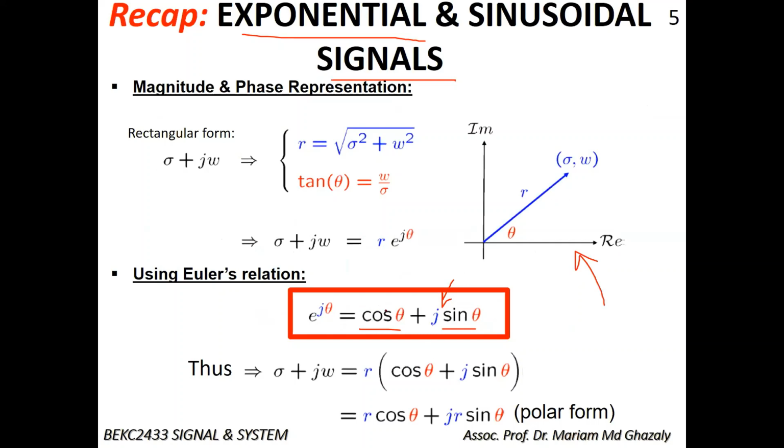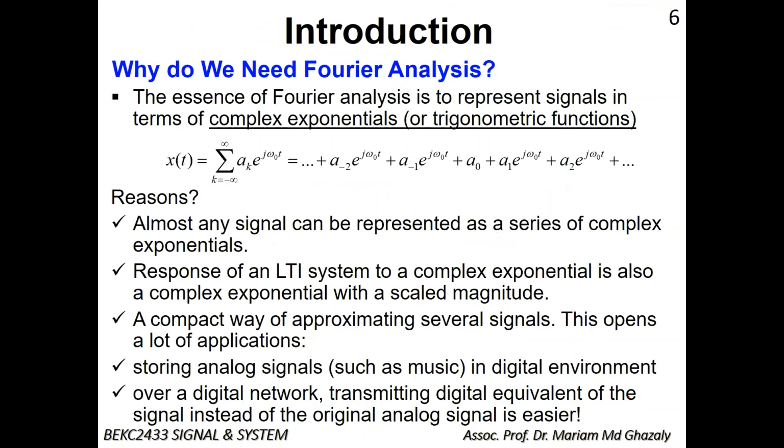How you get this Euler relationship was already discussed in chapter 2. From this equation you are going to write out the equation in polar form: sigma plus j omega will be equal to r cos theta plus j r sin theta, which is the polar form.